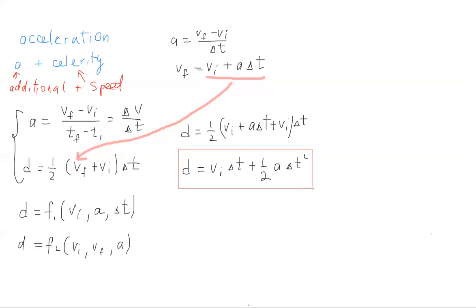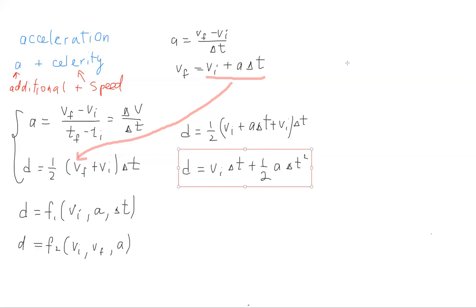It's useful, but it doesn't work all the time. Only in specific cases. But you will have to know how to derive it, and we're going to use it in solving some specific problems. Okay, so this is our first one. Now we're going to try to get the second one.